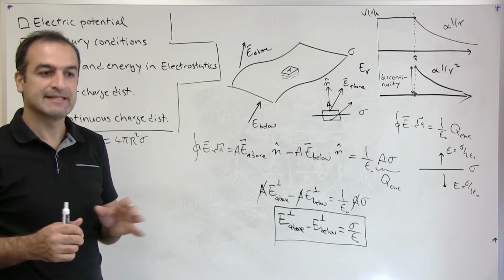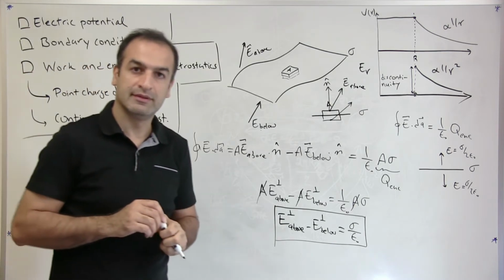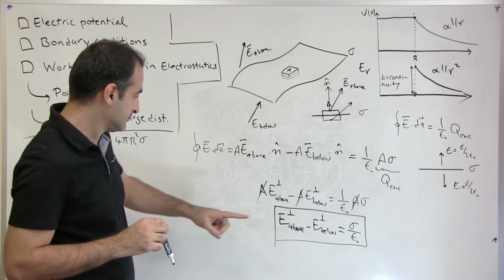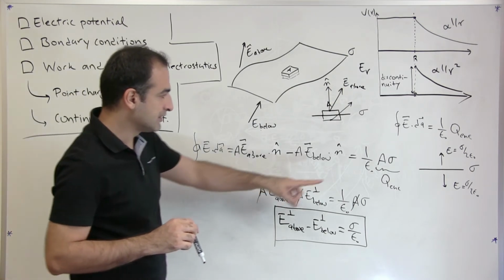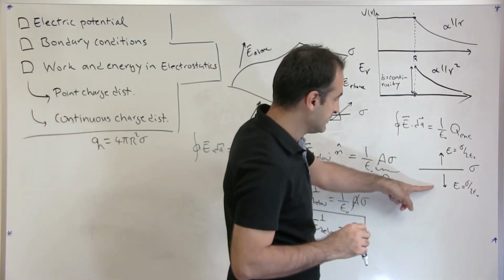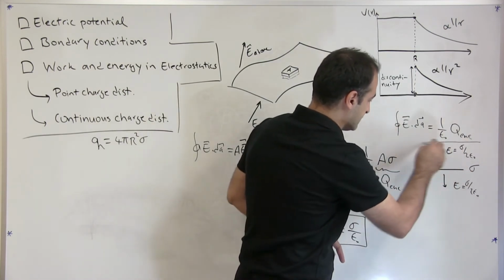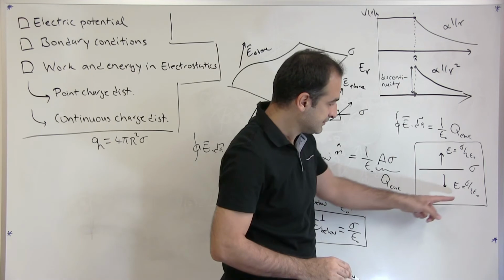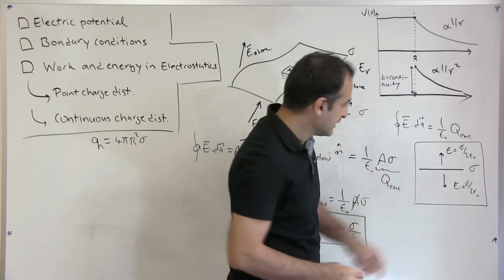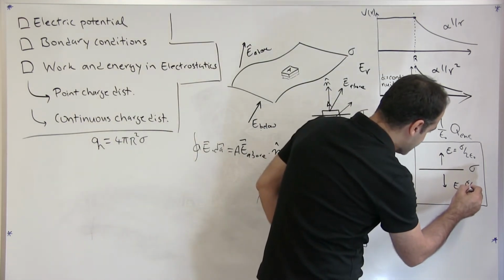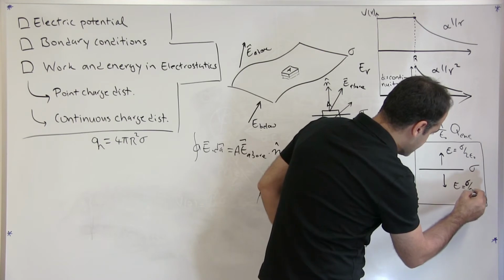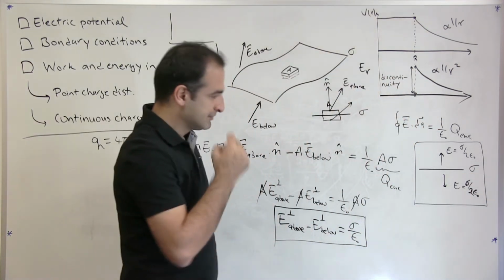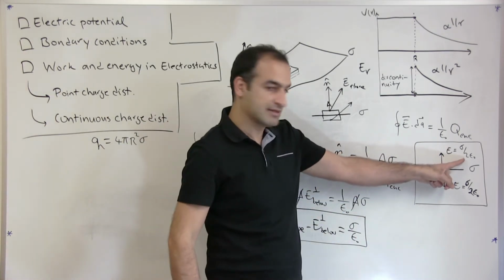Professor, can I ask a question? For the line that has the E above and below, on the very right of the board. Is it sigma over 2 epsilon 0? Yes, this is sigma over 2 epsilon 0, and this one is sigma over 2 epsilon 0 too.